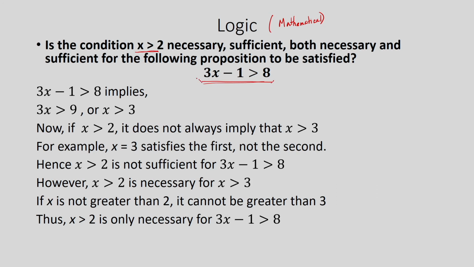So, x can take any value, right. So, it is possible that for multiple values of x, this given proposition is valid, right. But if we are given this particular condition, is it necessary, or sufficient, or both necessary and sufficient for this proposition to be valid?